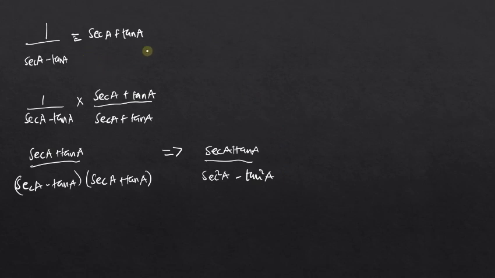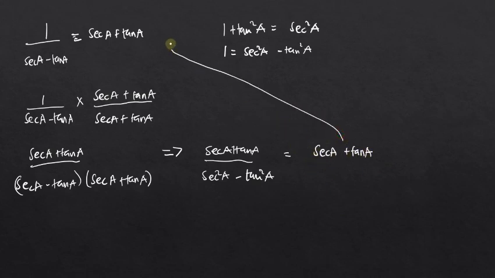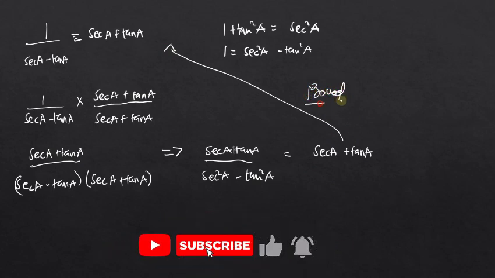Yeah. So realize that 1 plus tan squared a is equal to sec squared a, so 1 will be equal to sec squared a minus tan squared a. So it means that the whole denominator here can be replaced with 1. So this will be equal to sec a plus tan a all over 1, right? You don't really need to write it. So realize that this is the same as this side, right? So it means we have proved the expression.